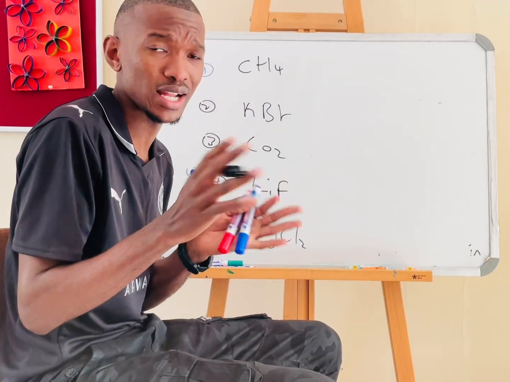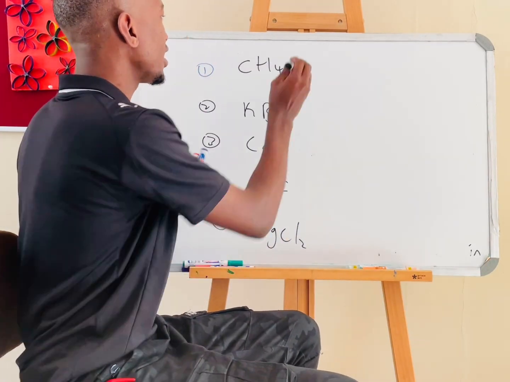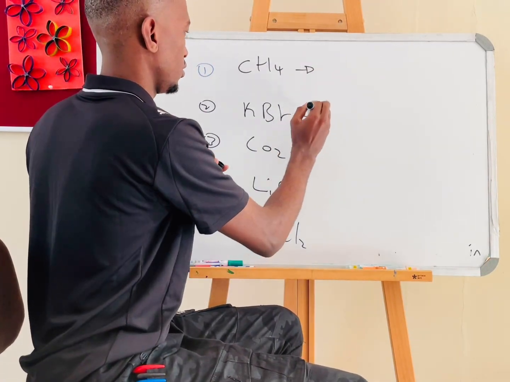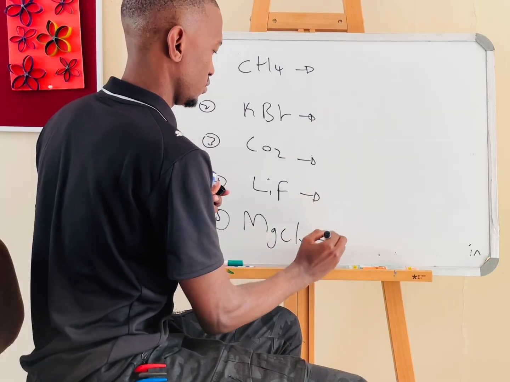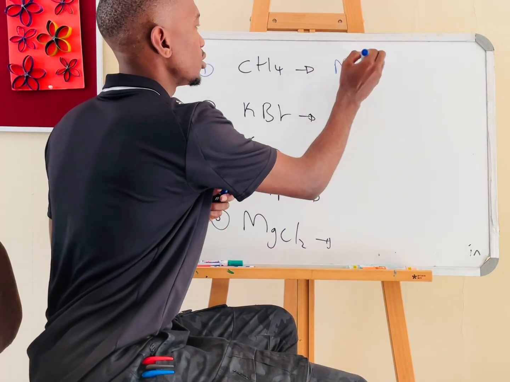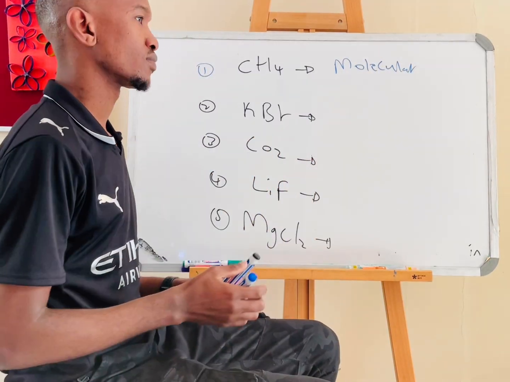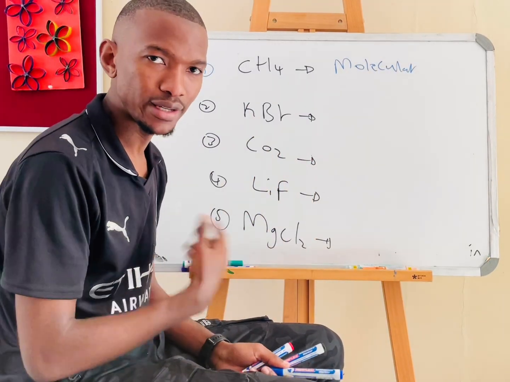They could be weak electrolytes like alcohol. I will show you. So this guy is a molecular compound because all of them are non-metals.